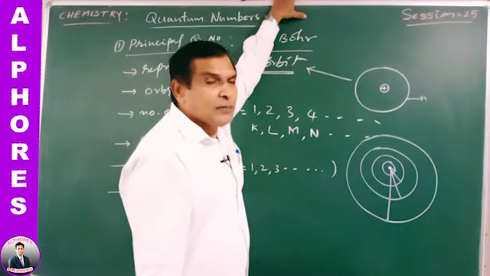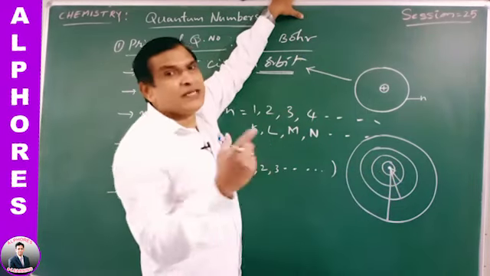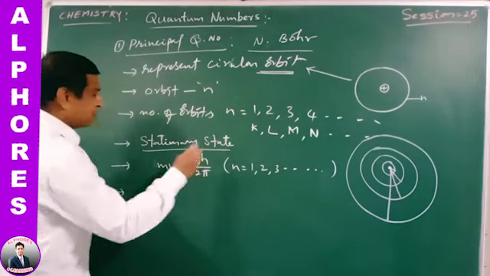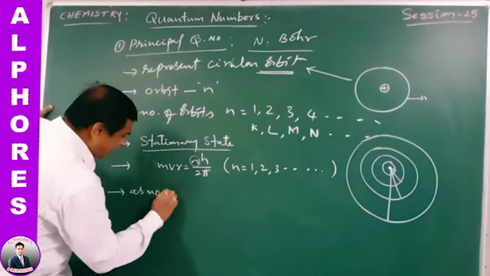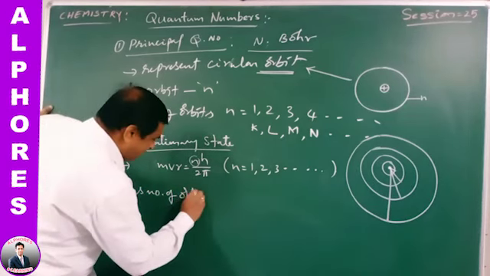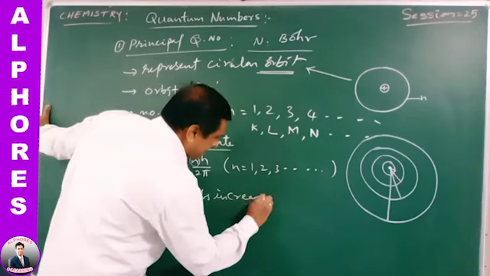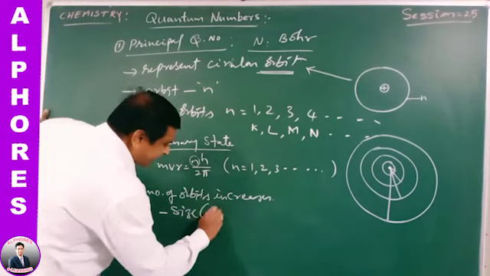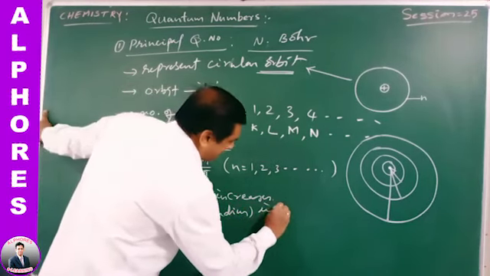As the number of orbits increases, the size, that is the radius of the orbit, increases.